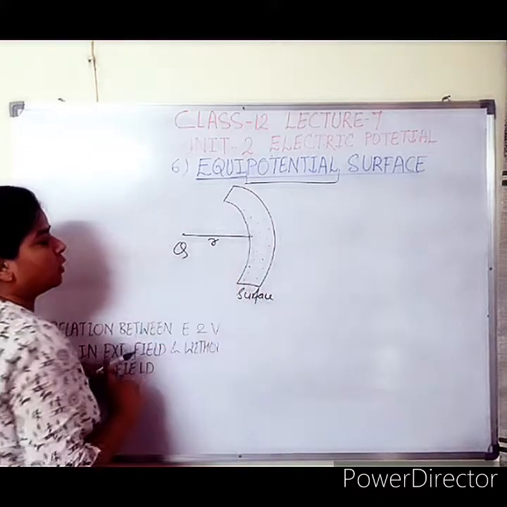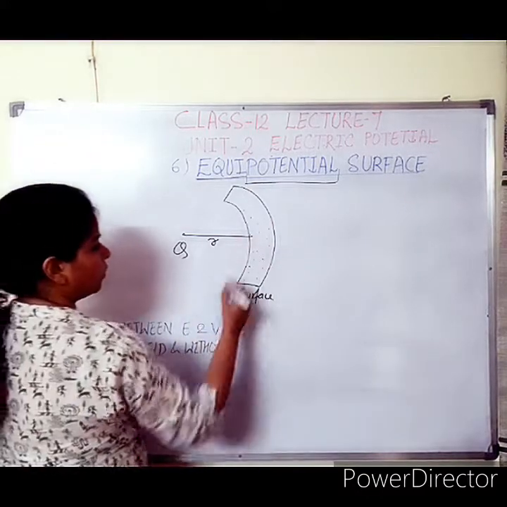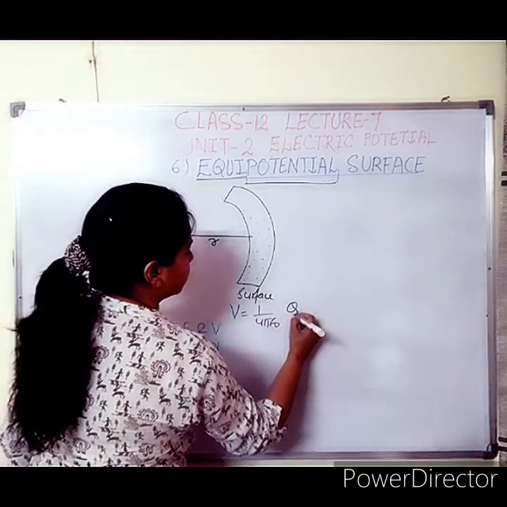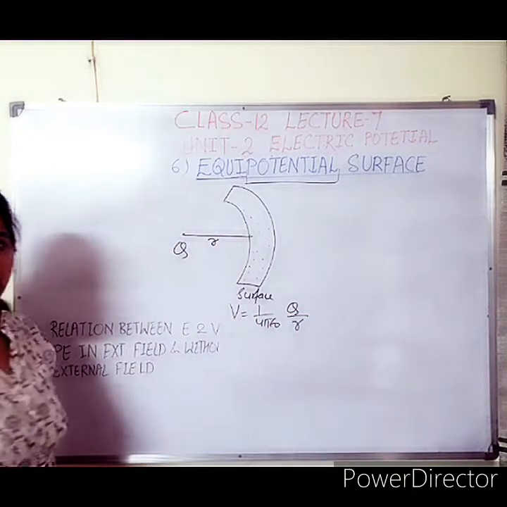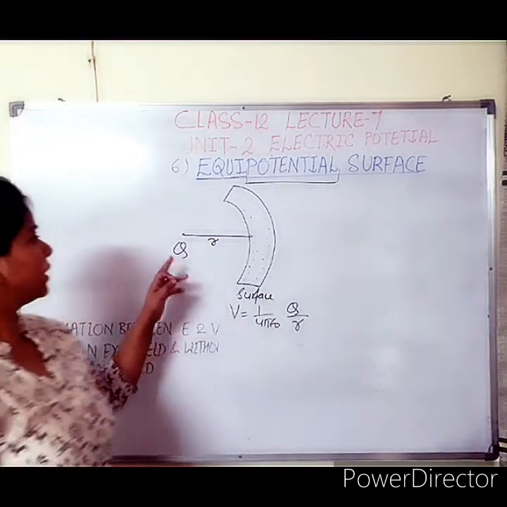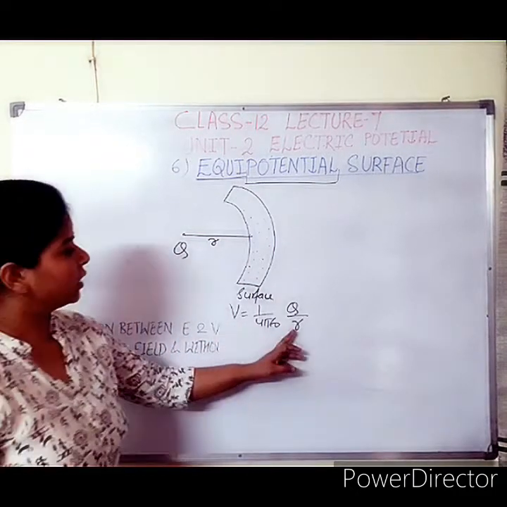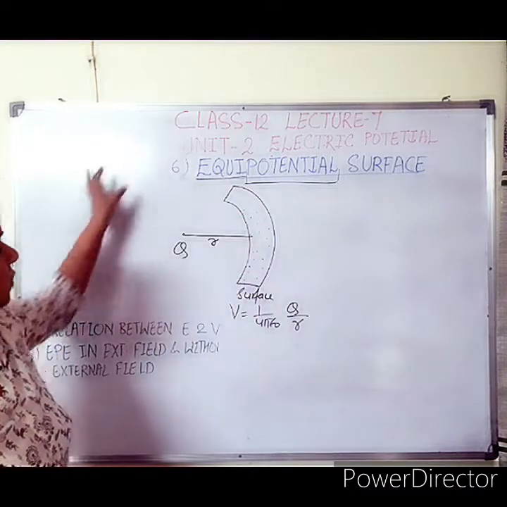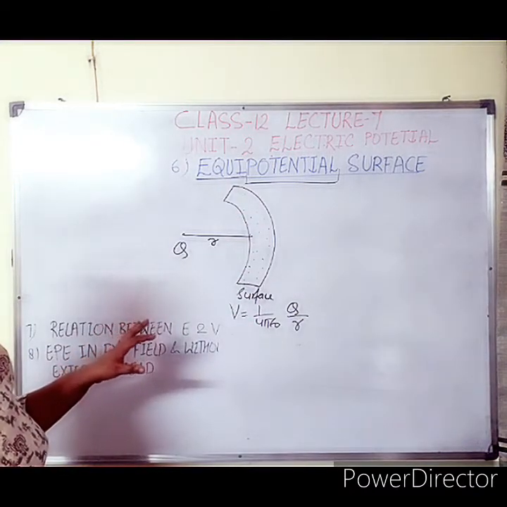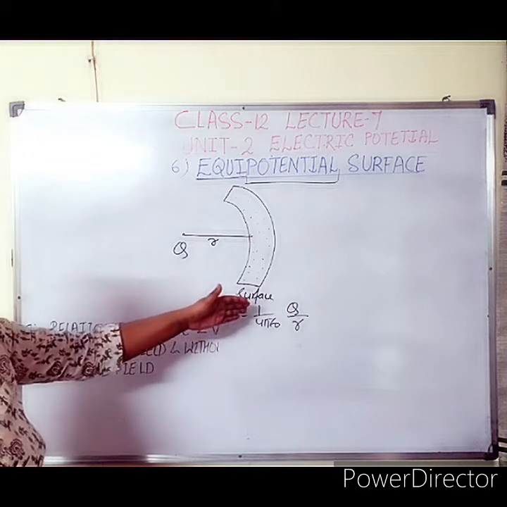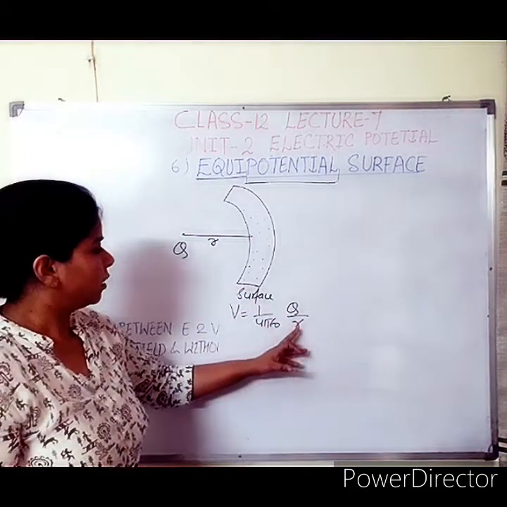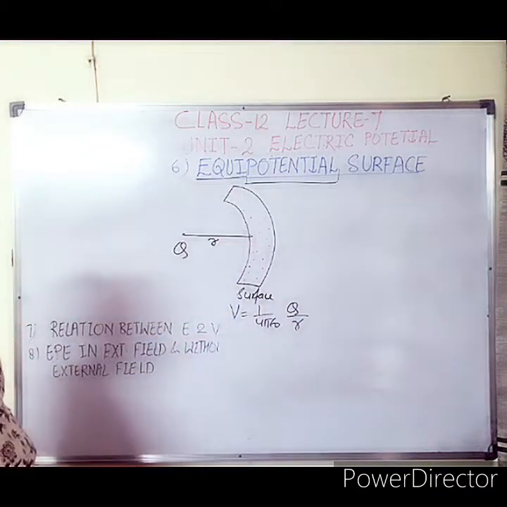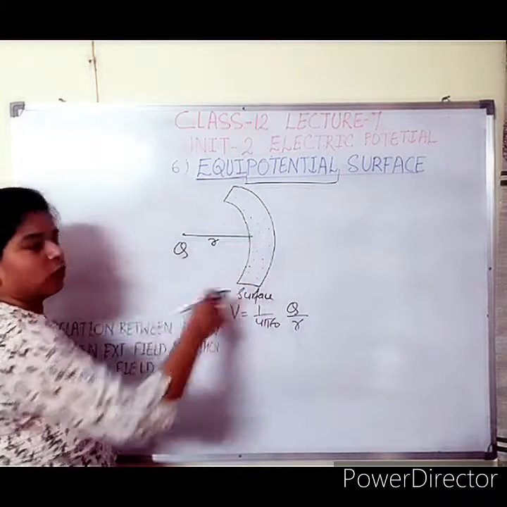So that is why the formula for V is equal to 1 over 4 pi epsilon naught Q divided by R. So Q is same, the source charge is same, and the distance corresponds to the radius of the sphere. This is an arc of this particular sphere or circle. Because the R value is same for all the points, potential is same for all the points.